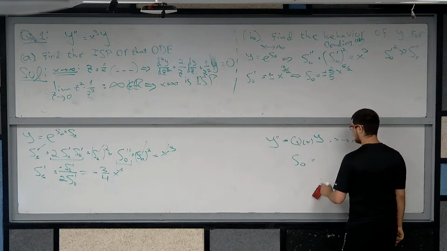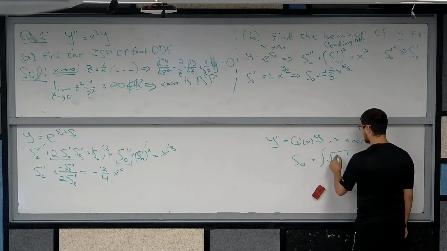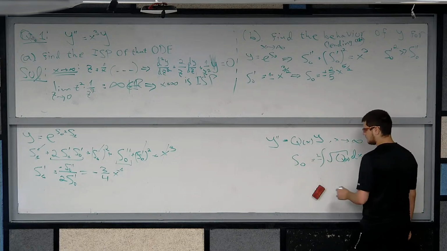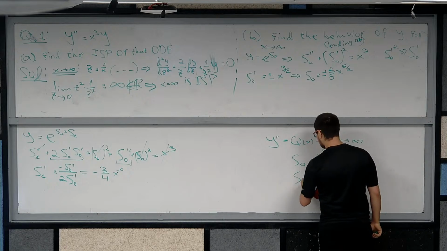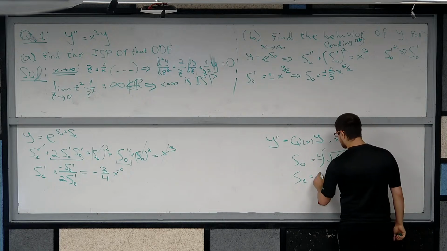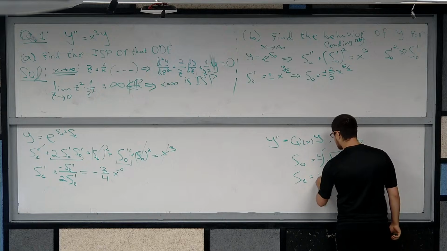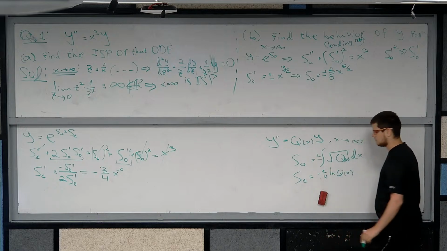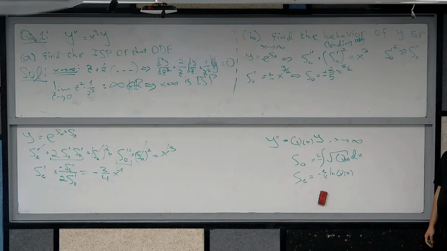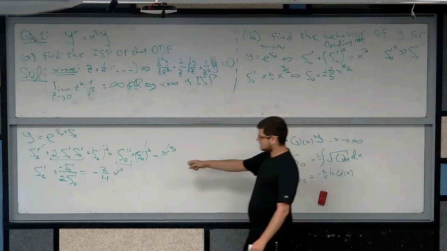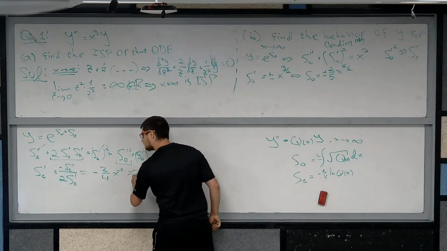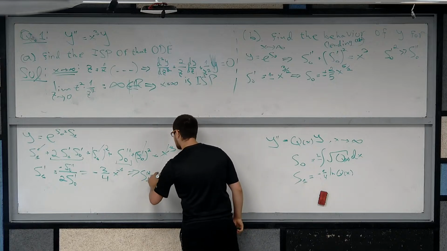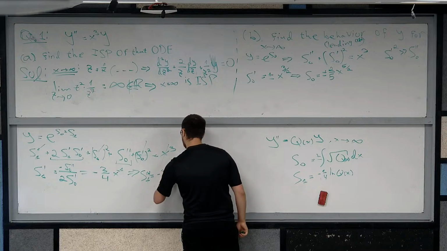S0 will be the integral of, I think, plus minus square root of q of x dx, and S1 will be just, I think, minus 1/4 ln q of x. Do you see how we get that from that? Let's write it very quick. S1 of x equal to minus 3/4 ln x.